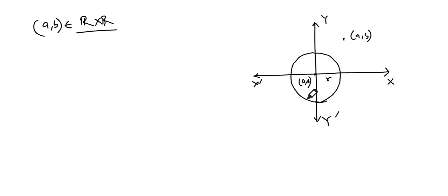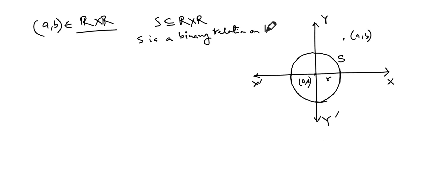Then the area enclosed by this circle, in other words the points enclosed by this circle, suppose the set of those points is S. So the S points are obviously a subset of R cross R. So we may call S a binary relation on R. There is another point of view, from abstract algebra, that S is a binary relation on R. Actually S is the area enclosed by this circle.